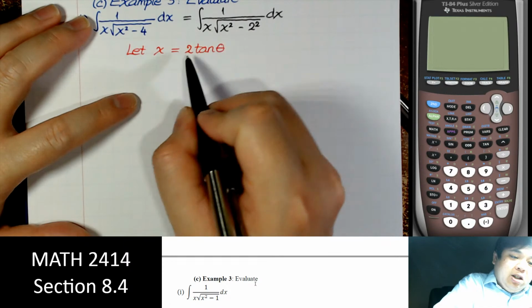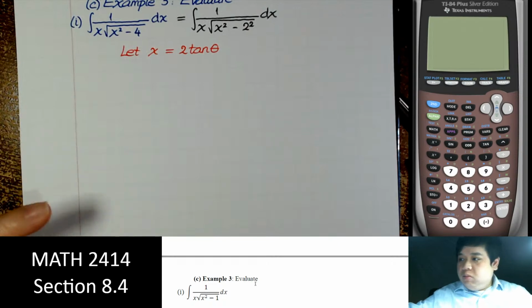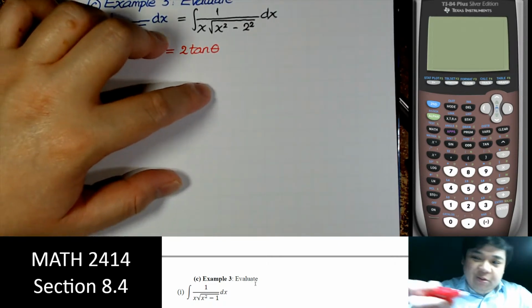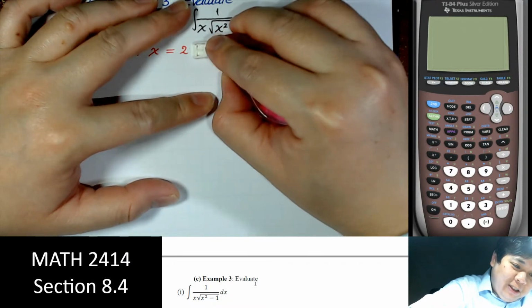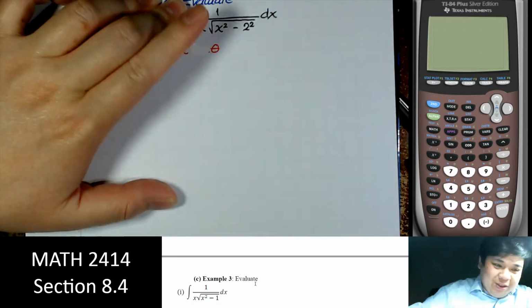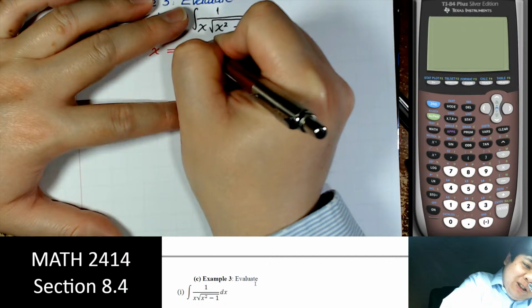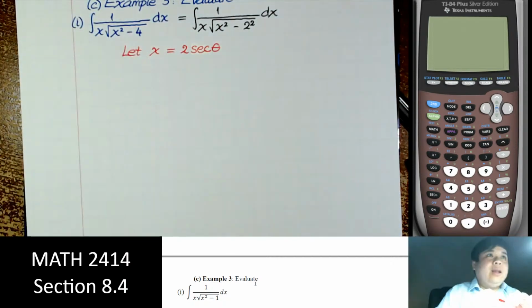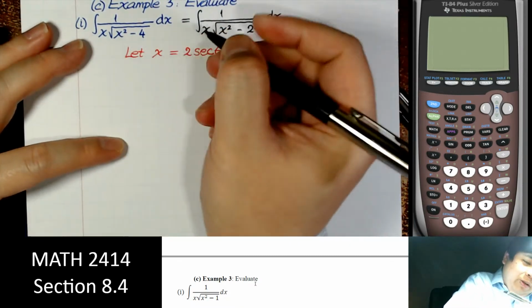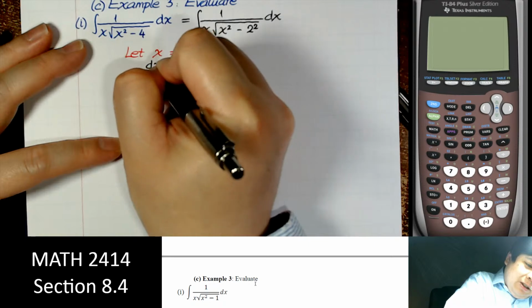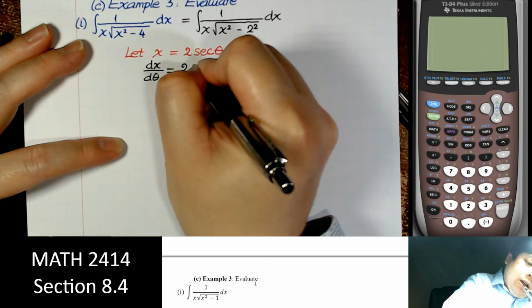It's going to be a secant, right? Sorry, case number 3, that is secant. Right, then we'll check the derivative of that. Derivative of secant is secant tangent.